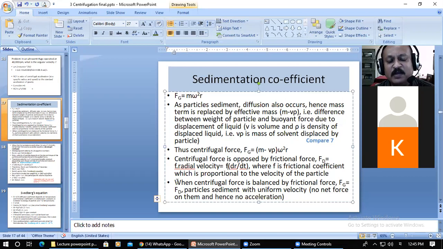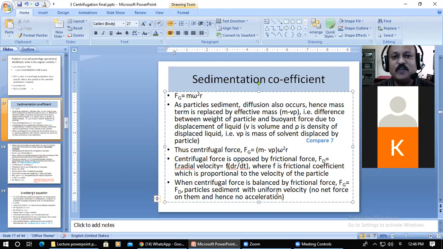Now, in a similar fashion to what we saw yesterday, we are going to balance the three forces. The centrifugal force is now balanced by the frictional force, and therefore Fg is equal to Fd. When there is a perfect balance, the particles will sediment with a uniform velocity, and that uniform velocity is called the terminal velocity. There will be no net acceleration on the particle.